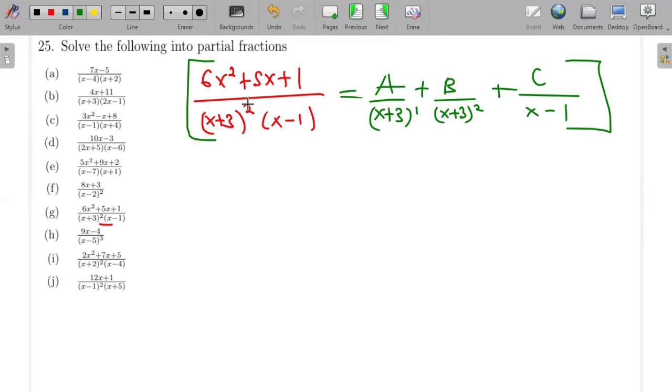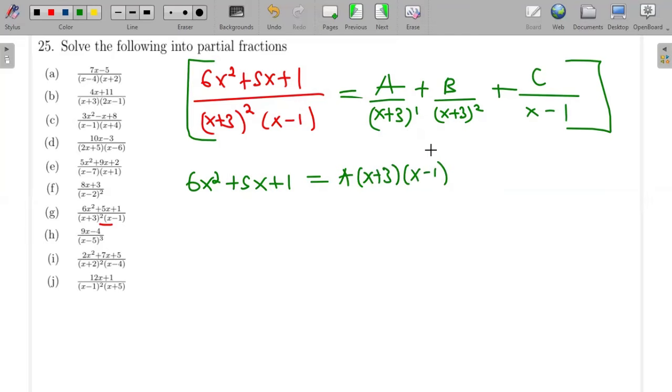So I get 6x squared plus 5x plus 1 is equals to a, and one of the x plus 3 is going to disappear, so I have a times (x plus 3) and then (x minus 1).